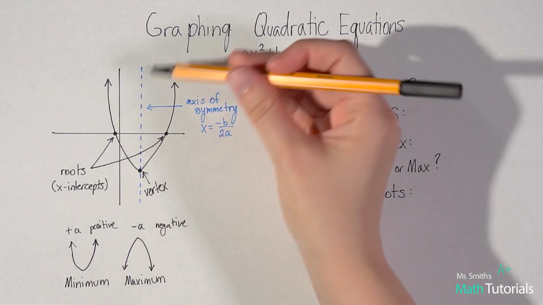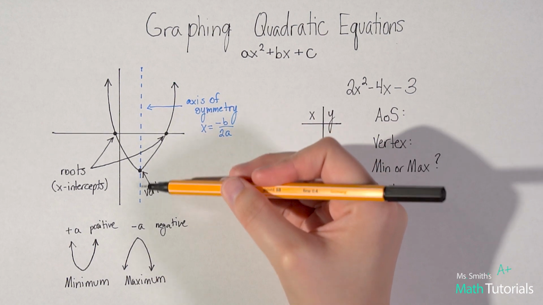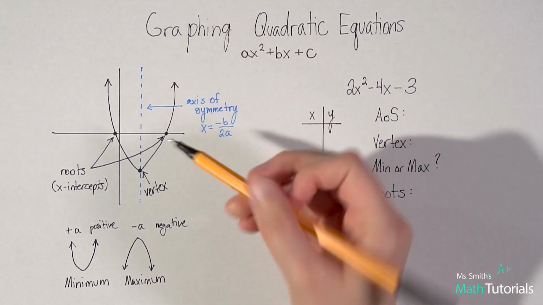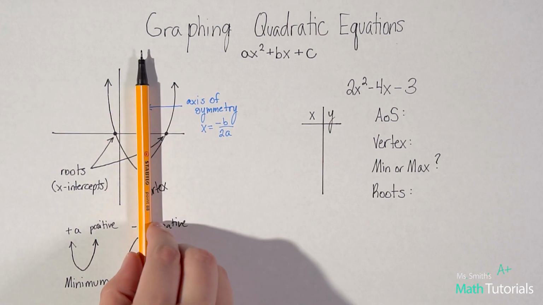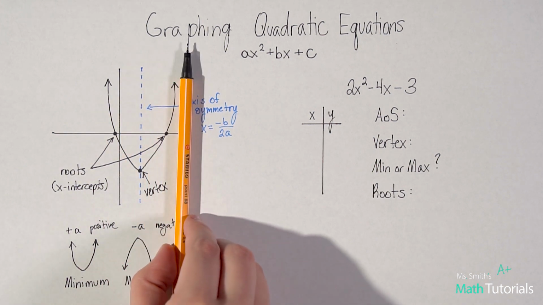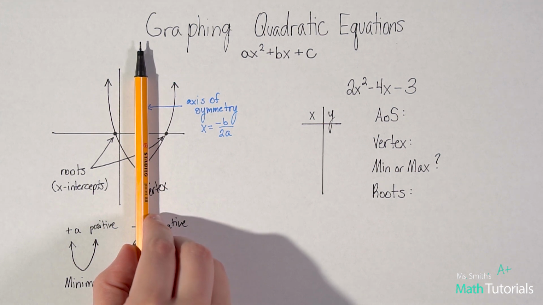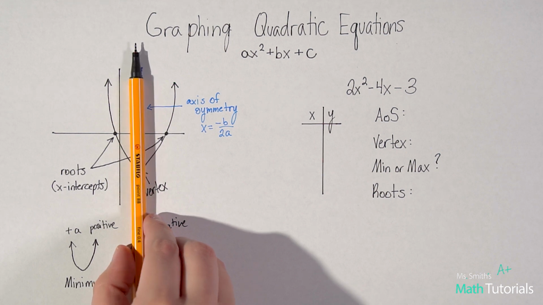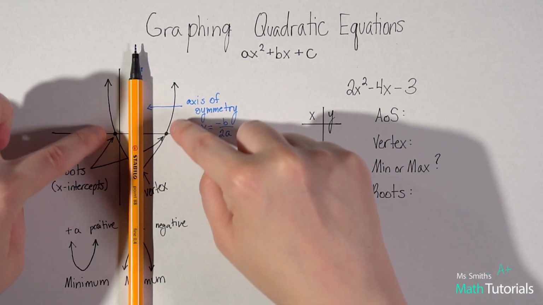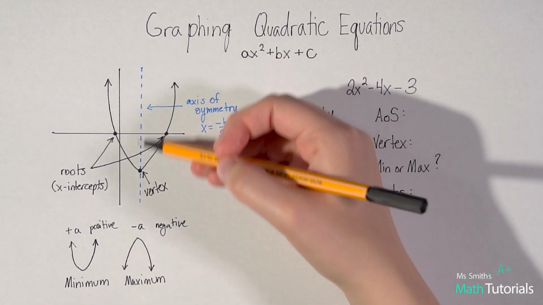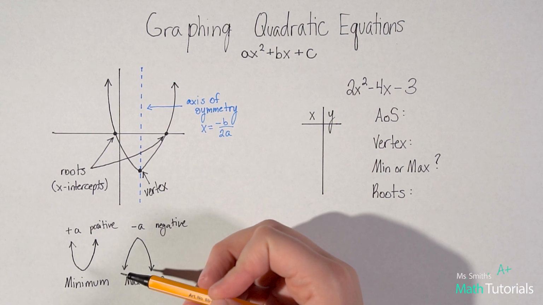This axis mirrors the parabola, so the parabola will be mirrored on either side of that axis of symmetry. And we'll see that mirrored effect in a minute when we do our tables.